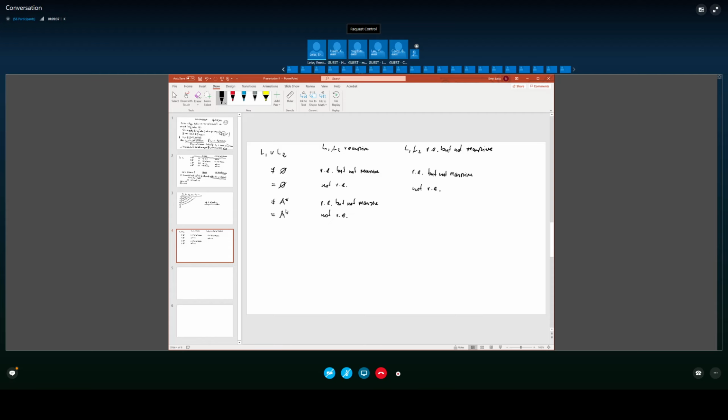So that word that is not in L1 union L2, it can very well be a word where they will not terminate, and so this will make them not RE. And obviously equal to A star is also not RE.